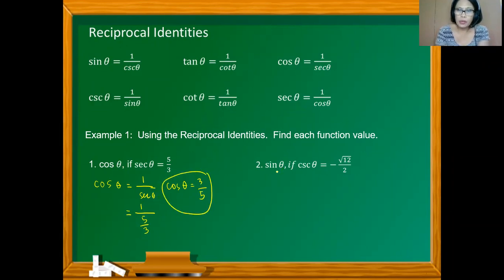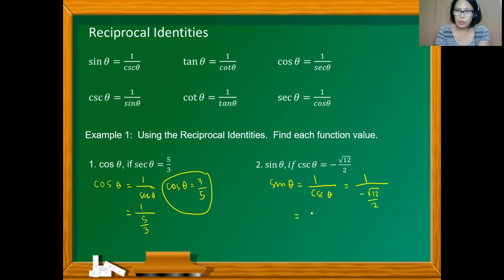Now, we're asked to solve for sine theta if cosecant theta equals negative square root of 12 over 2. So we have sine theta equals 1 over cosecant theta. So this is equal to 1 over negative square root of 12 over 2.